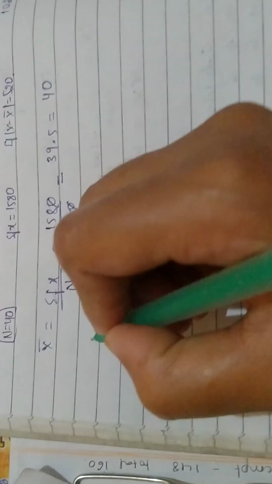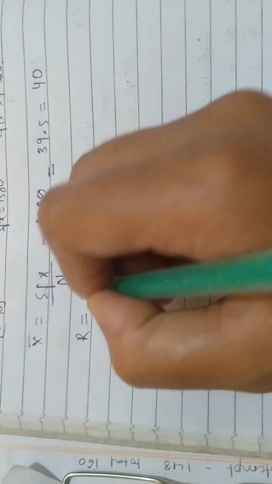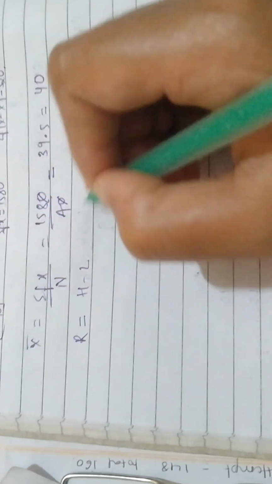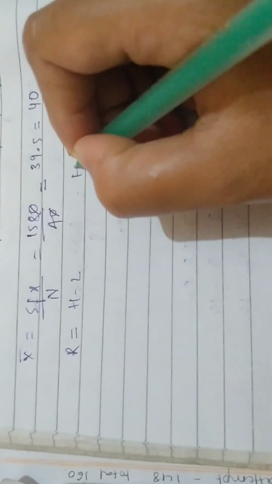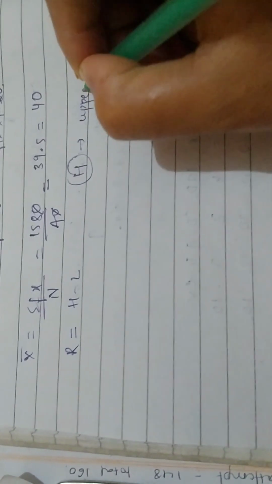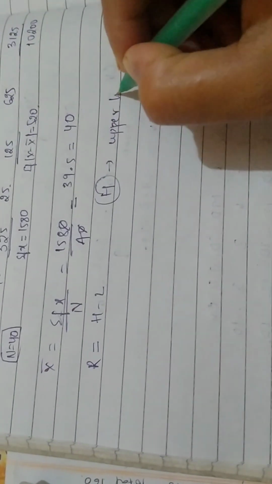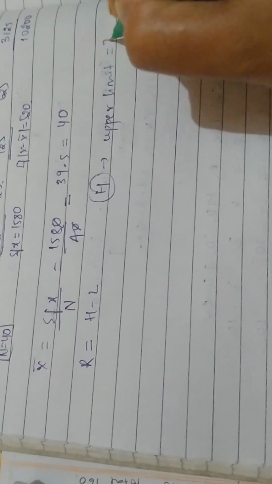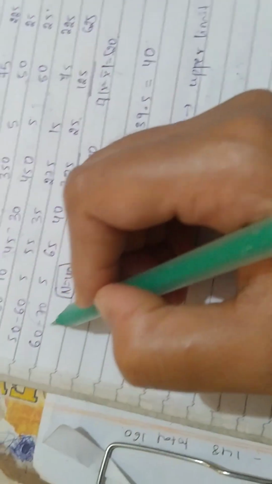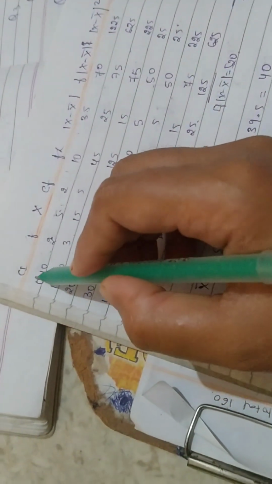Before that we'll do the range. For range we have the same formula, that is highest minus lowest. Here the highest is the upper limit. In the class interval, the highest upper limit is 70, and the lowest lower limit is 0.